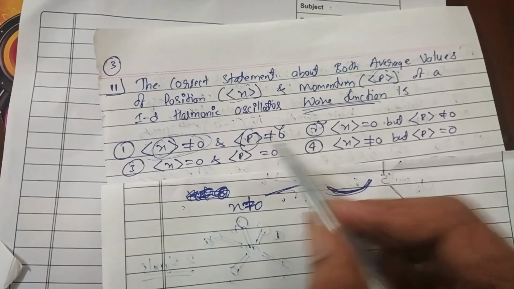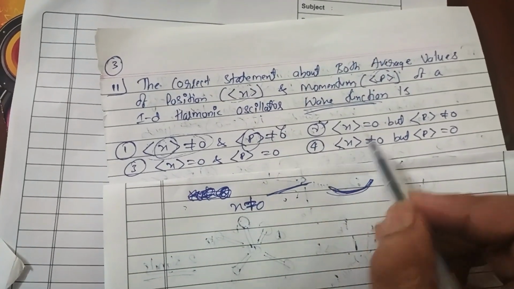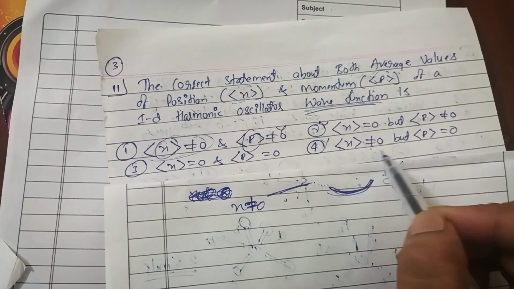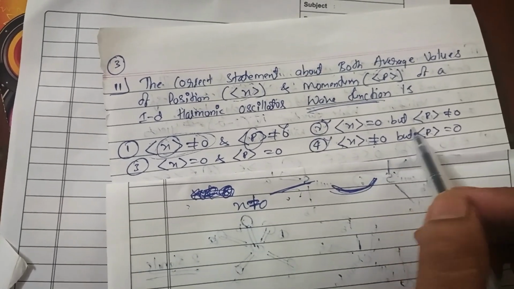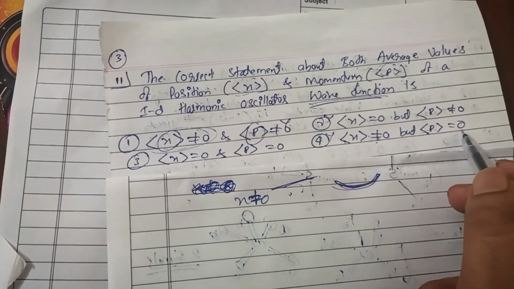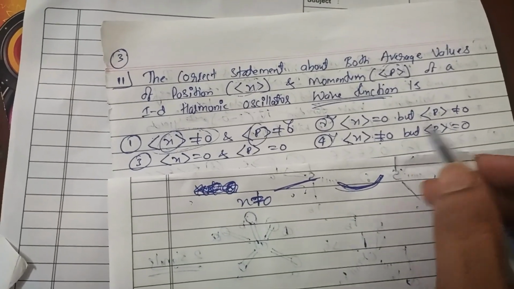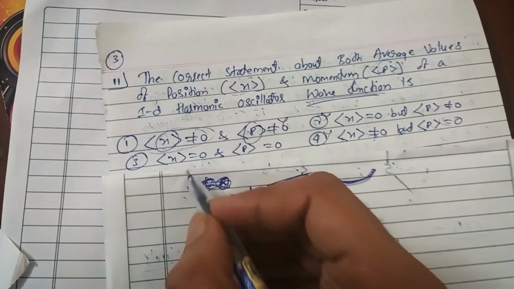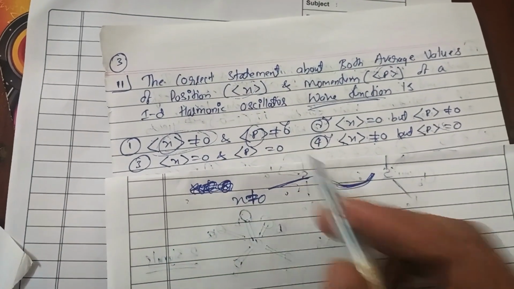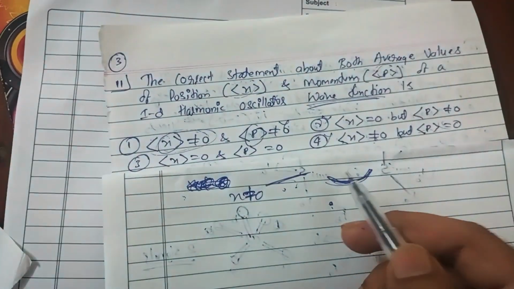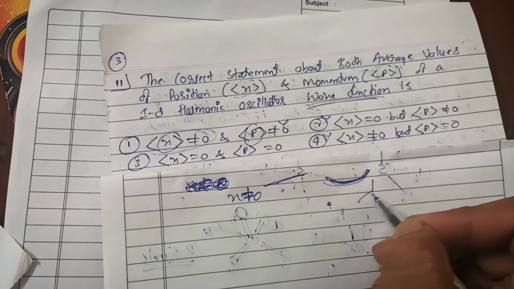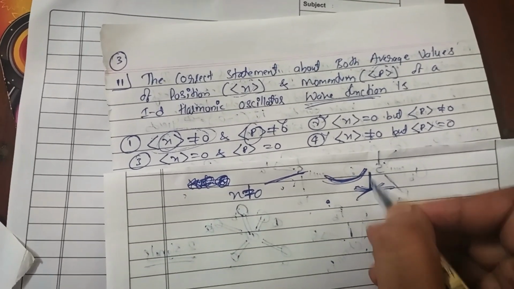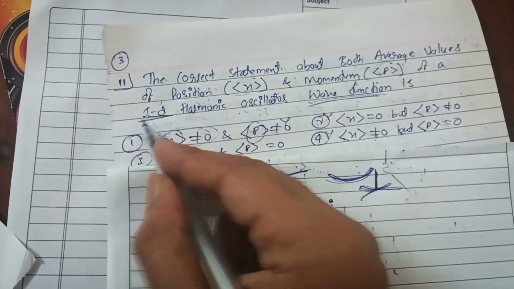And these two are the inverse of this, hence this is also wrong. Here momentum is 0 but position is not, so this is also not harmonic. But here both momentum and position are for one dimension, not 2 dimensions or 3 dimensions.